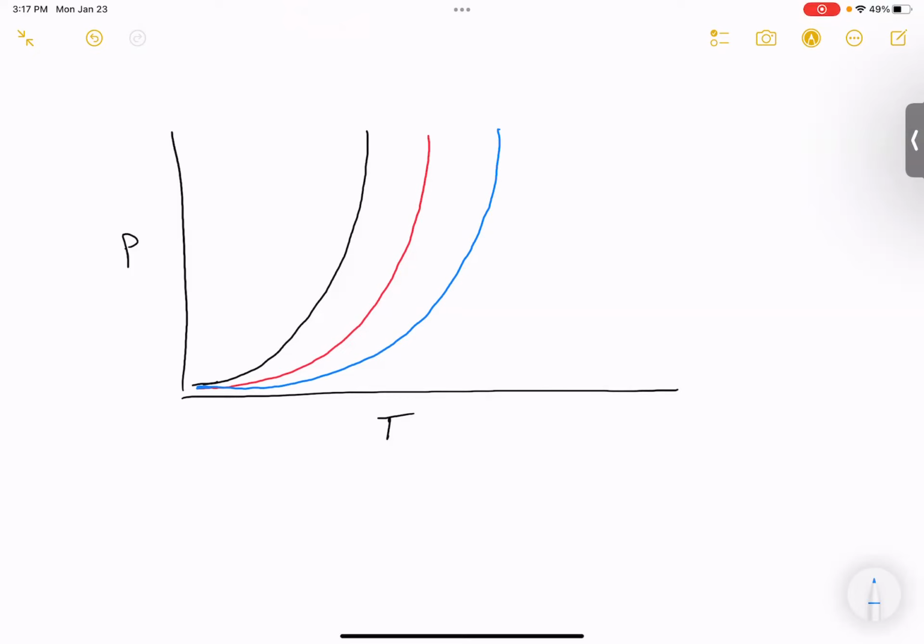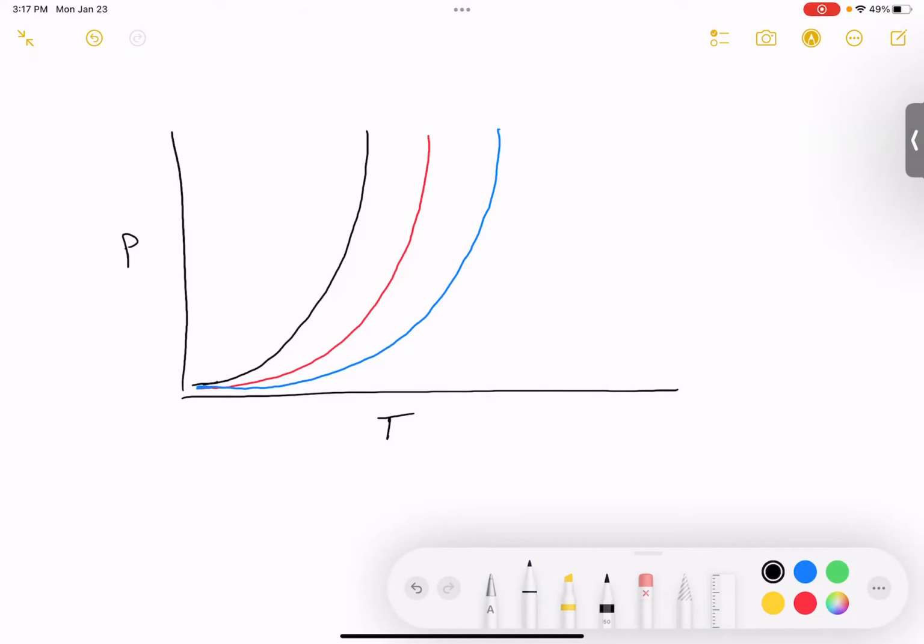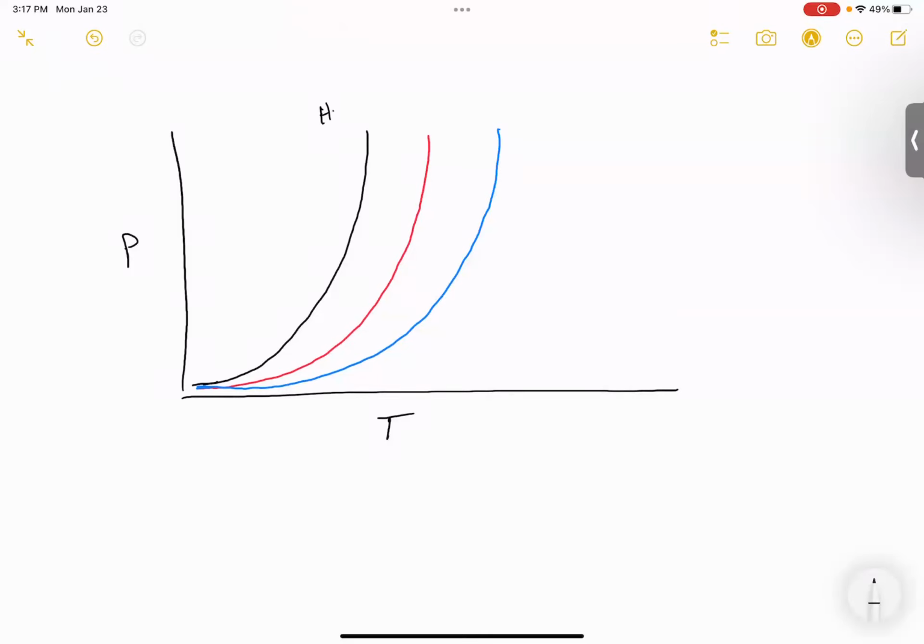Now I drew the 3 lines because when we think about our intermolecular forces, a lot of times when you have something that does hydrogen bonding, lower temperature.